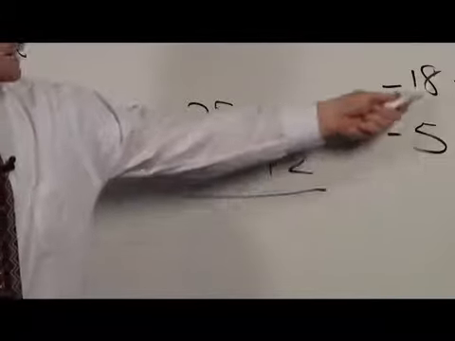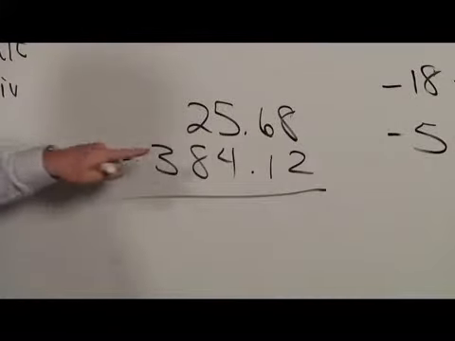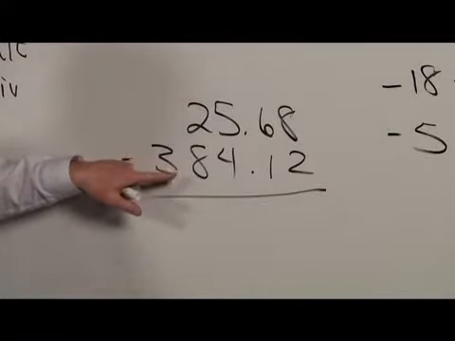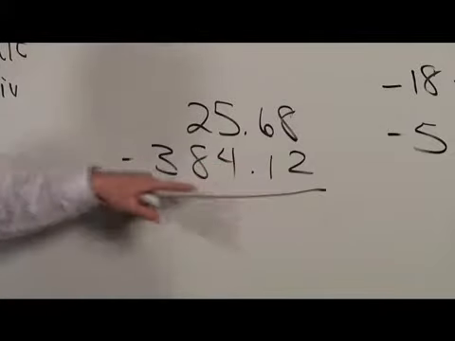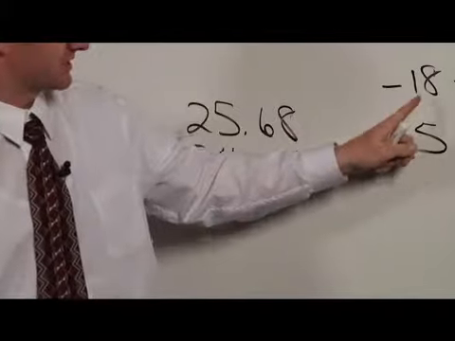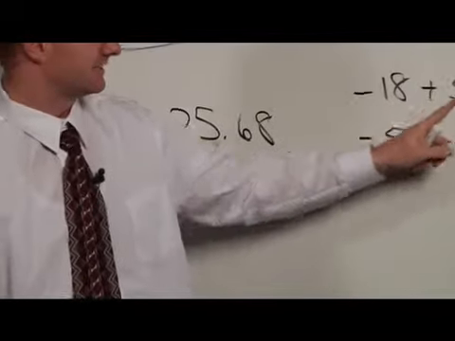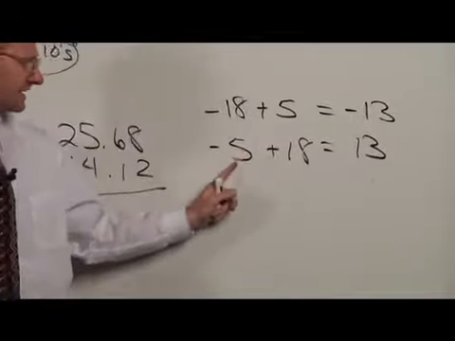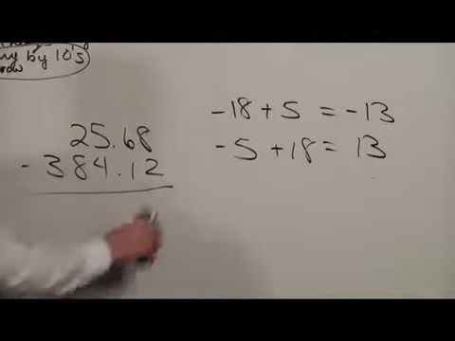Now we're going to use this key over here. If you were to subtract these backwards, take the 384.12 and subtract the 25.68, you'll get exactly the opposite answer, just like with this. Here you had a 5 and a minus 18, which gave you a negative 13. Negative 5 and a positive 18 gave you 13.